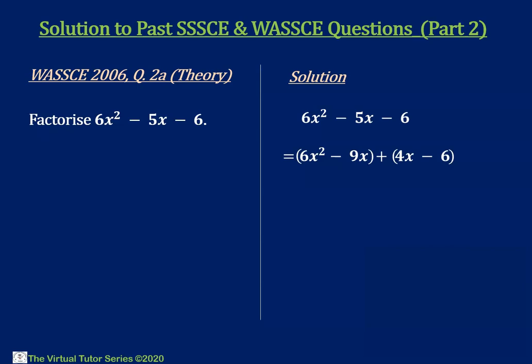So that factorizes into 3x into bracket 2x minus 3. Again, the common factor of 4x and negative 6 is 2. So the second group factorizes into 2 into bracket 2x minus 3.